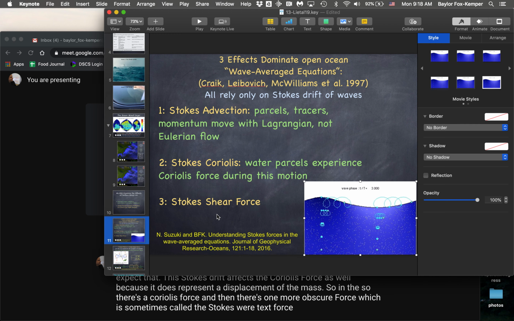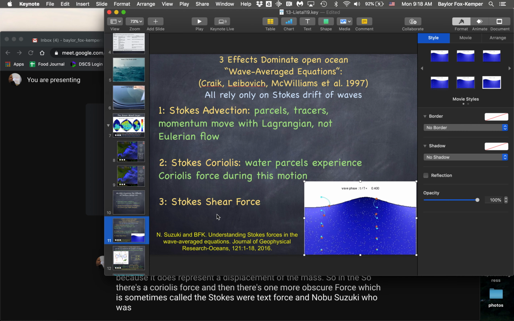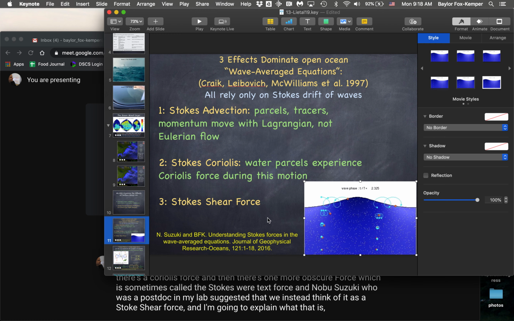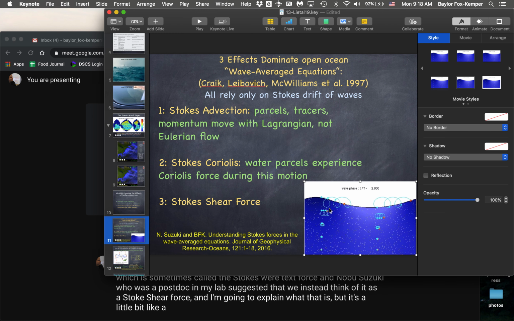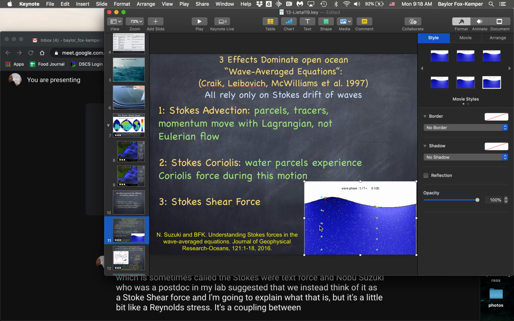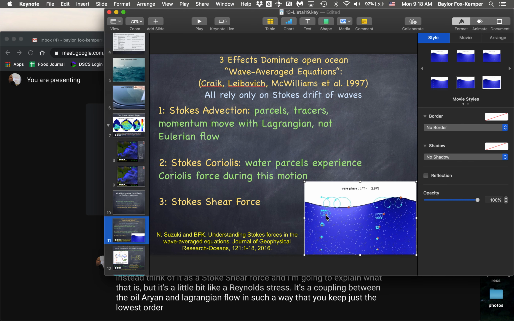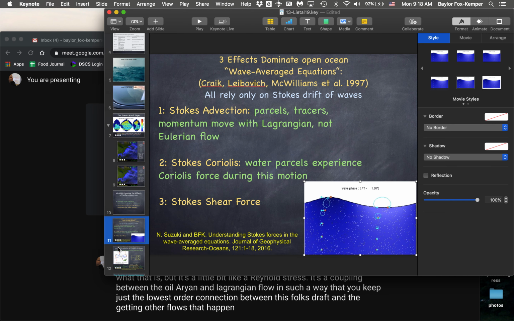Nobu Suzuki, who was a postdoc in my lab, suggested that we instead think of it as a Stokes shear force, and I'm going to explain what that is. But it's a little bit like a Reynolds stress. It's a coupling between the Eulerian and Lagrangian flow in such a way that you keep just the lowest order connection between this Stokes drift and any other flows that happen to be in the currents.